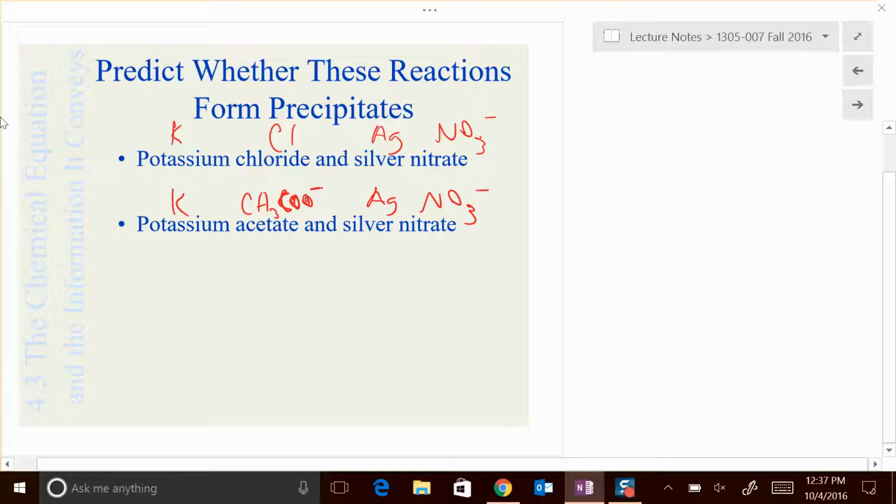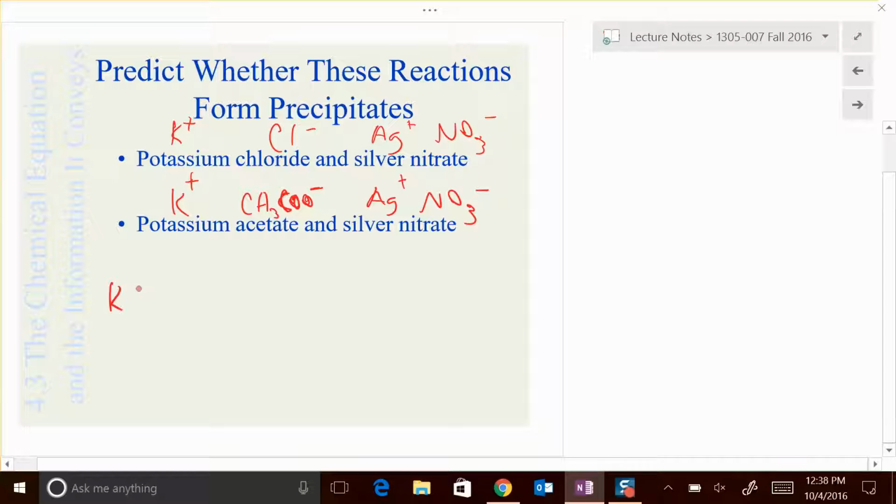In these reactions, we need to figure out the charges. Potassium has a positive 1 charge. Chlorine has a negative 1 charge. Silver has a plus 1 charge. So everything in the first one just has positive or negative 1 charges. In the bottom one, we have potassium plus, and silver is also plus. So everything also has a negative 1 or positive 1 charge. I made it easy. So now we just have to figure out the formulas.